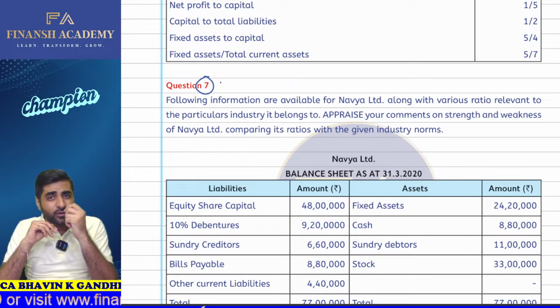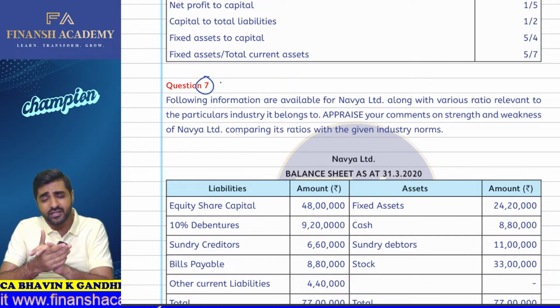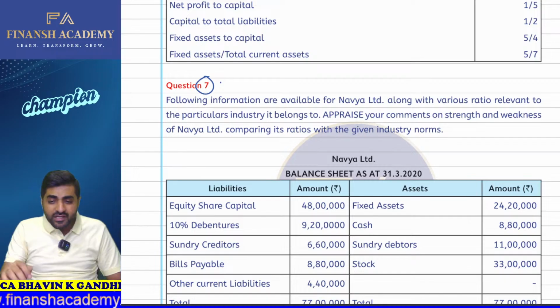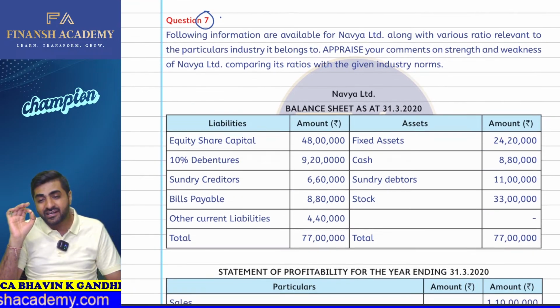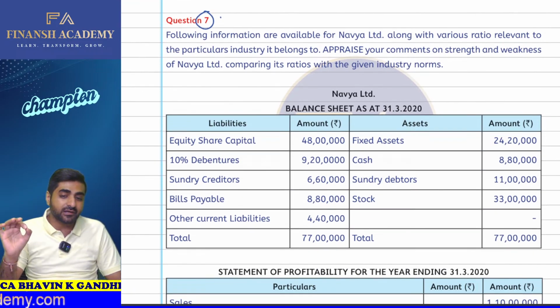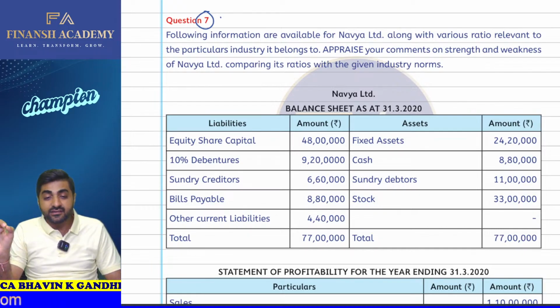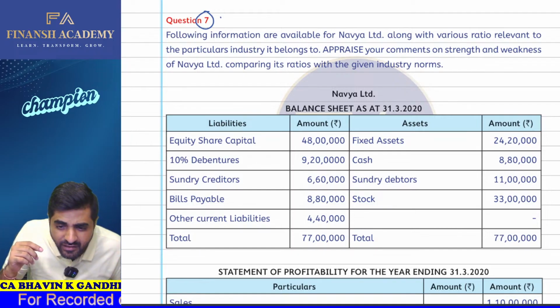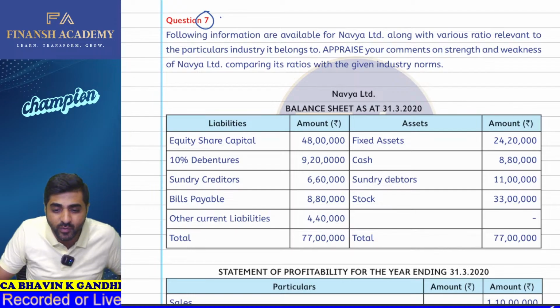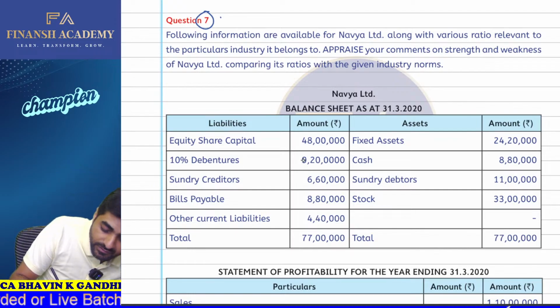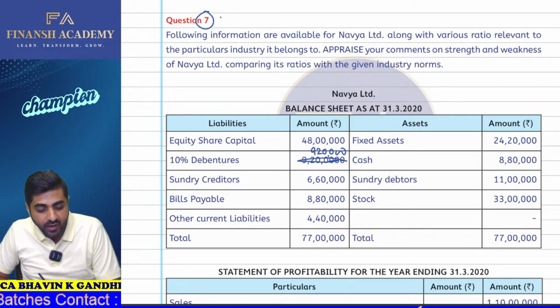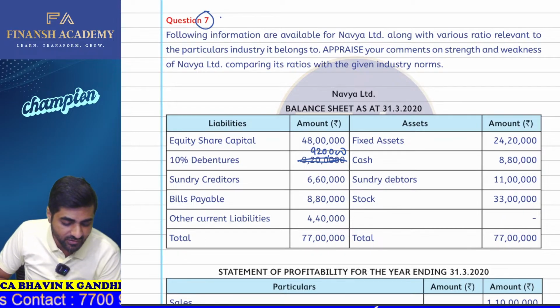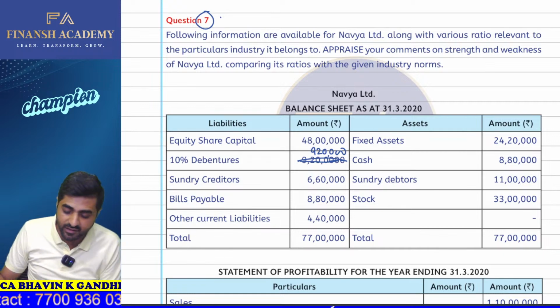So are we going to compare the ratios with the industries? Come on, yes or no? Yes, sir. What is given to you first of all is the balance sheet. We have equity share capital, which is 48 lakhs. Then we have 10% debentures, 9 lakh 20,000, not 9 crore 20 lakhs. Then we have sundry creditors, bills payable, and other current liabilities.